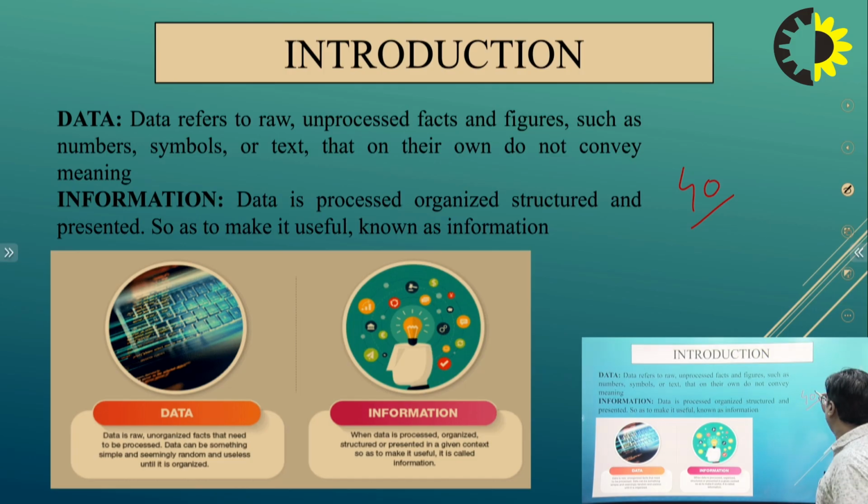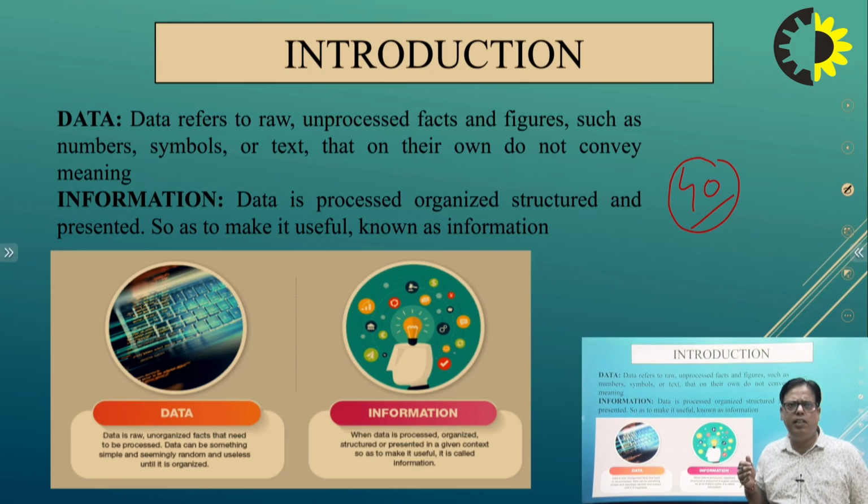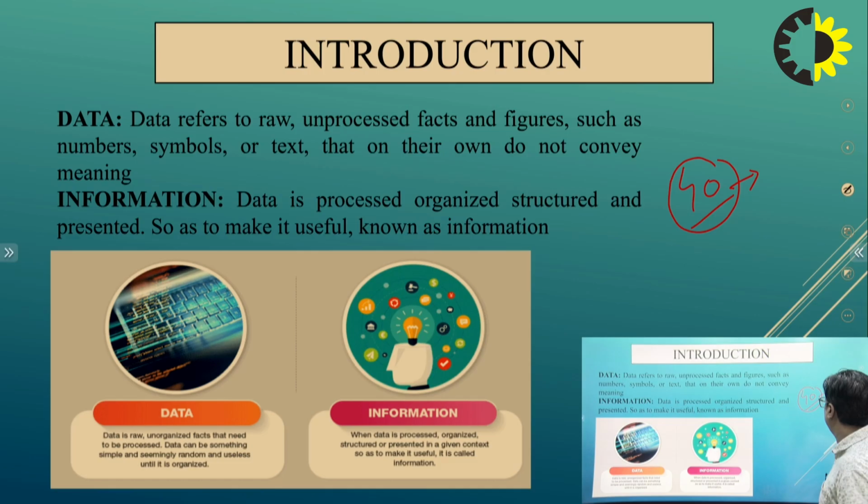But there is no meaning of this number 40. 40 may be a roll number, maybe an ID, or maybe marks related to the student information. So data refers to raw, unprocessed facts and figures such as numbers, symbols, text that on their own do not convey meaning. Individually, data have no meaning.